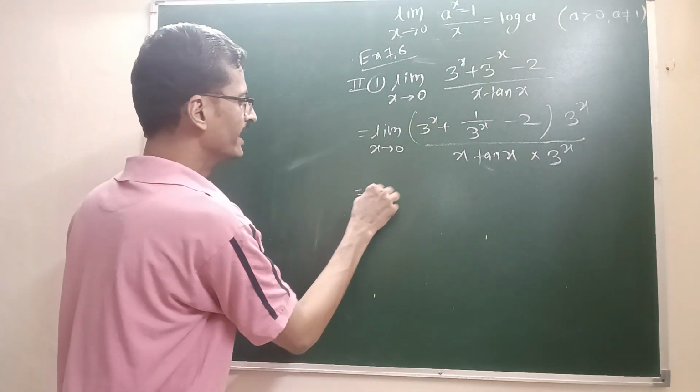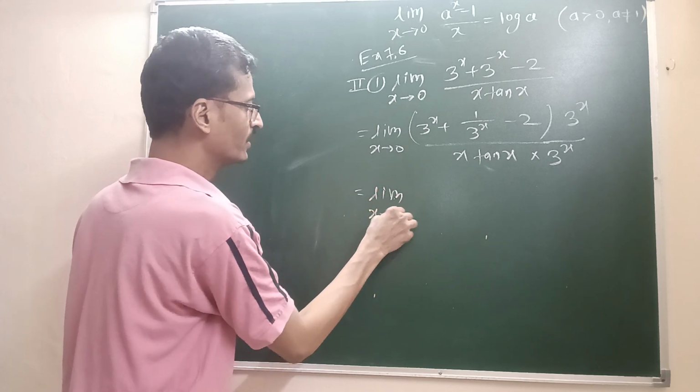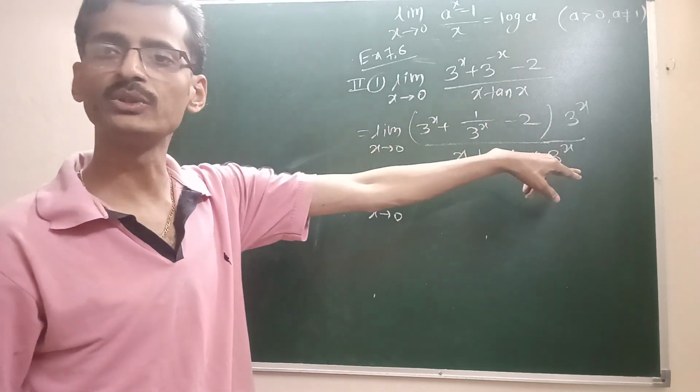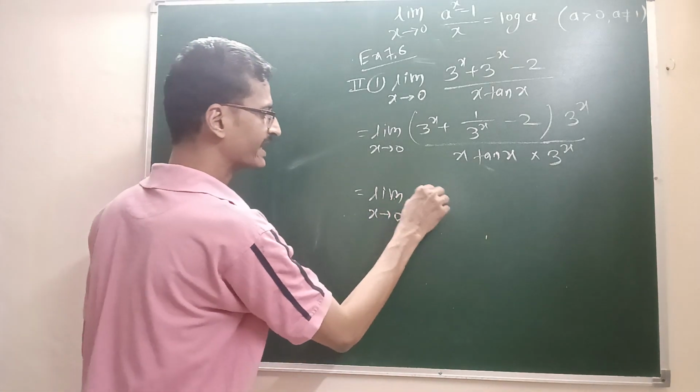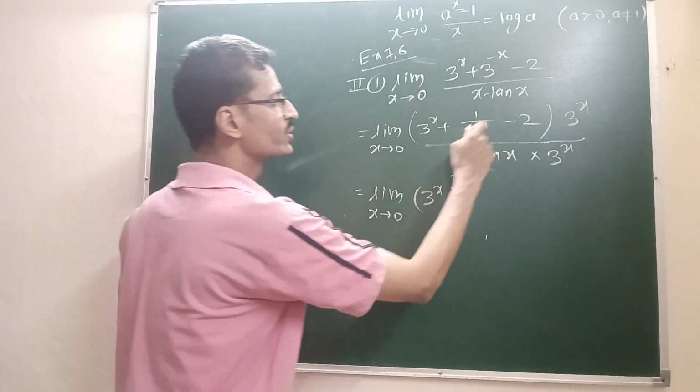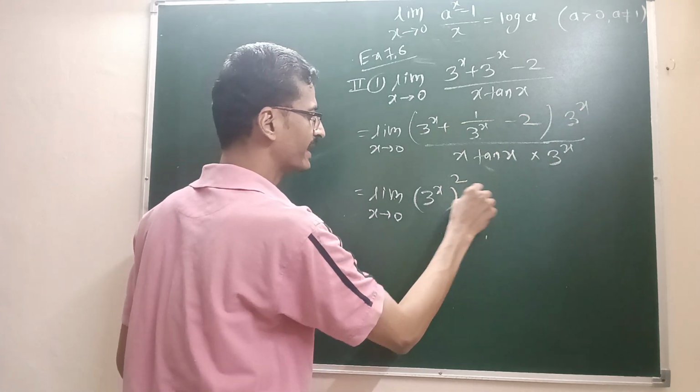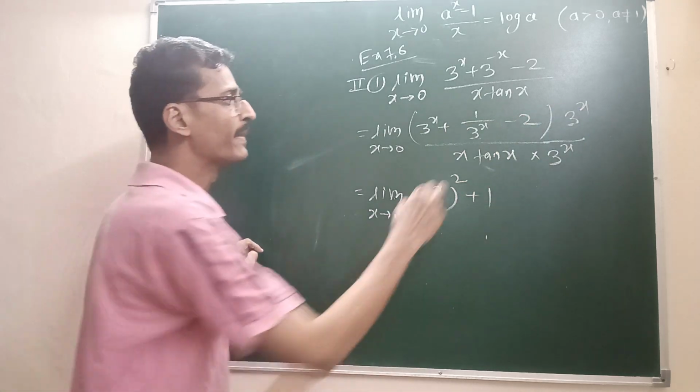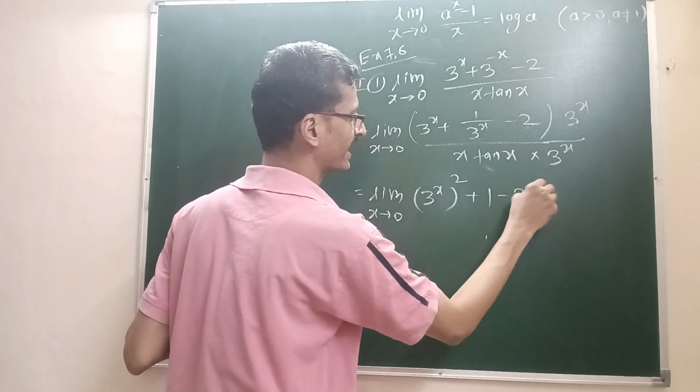So now limit x tends to 0, 3 raised to x into 3 raised to x, which we can write as 3 raised to x whole square. Here 3 raised to x gets cancelled, so the answer is plus 1.